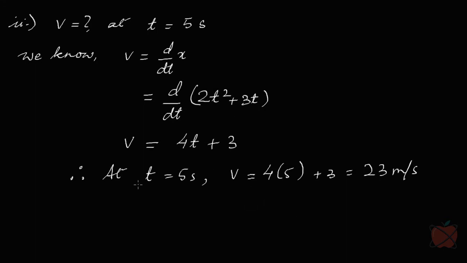Make sure that you don't substitute time in the expression for x. You first have to differentiate this to get the expression for velocity. Then in that expression for velocity, you substitute the time. Only then will you get the velocity at that particular time, which is the instantaneous velocity.